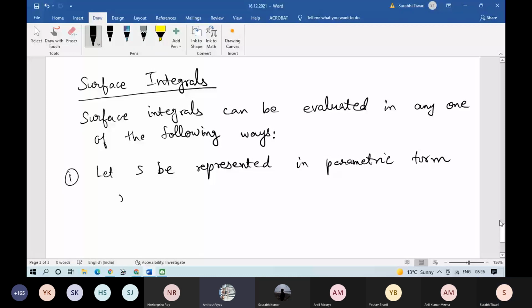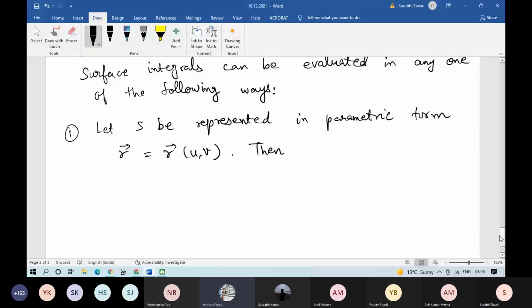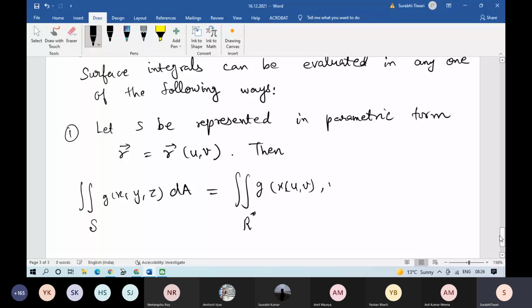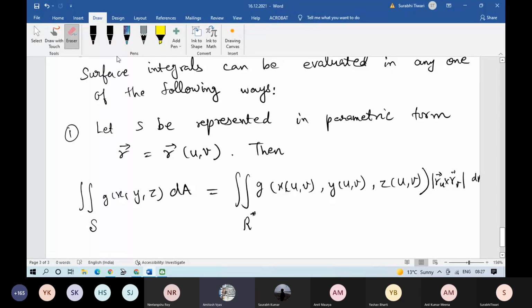R is equal to R(u,v), then R is the position vector, double integration over the surface S of g(x,y,z) dA, this is equal to double integration over R star of g(x(u,v), y(u,v), z(u,v)) into determinant of Ru cross Rv du dv. हम इसको नीचे लिख दे रहे हैं, बहुत छोटा सा हो गया है.